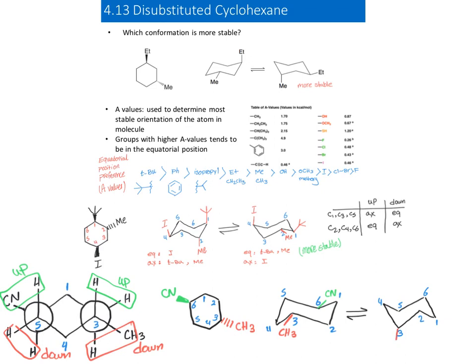So the axial would be right here, and the cyano axial on carbon number 6. So which one is more stable? Obviously this conformation, because both groups are in the equatorial position. So this is more stable or lower in energy. So the more stable, the lower the energy would be.